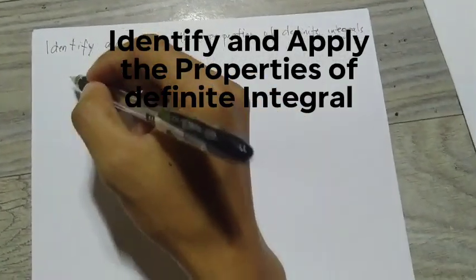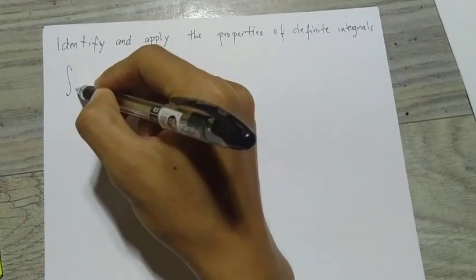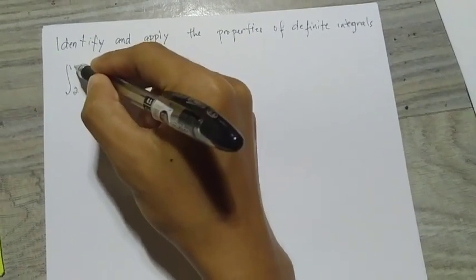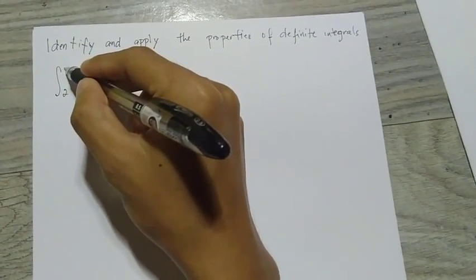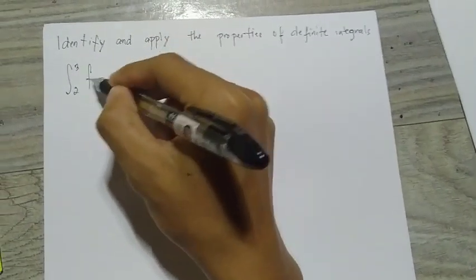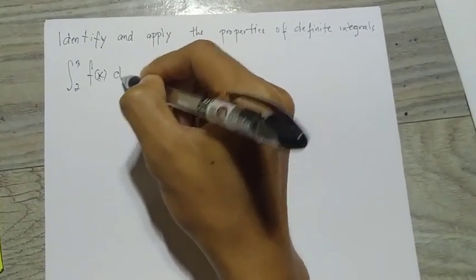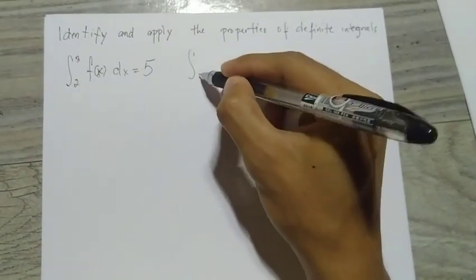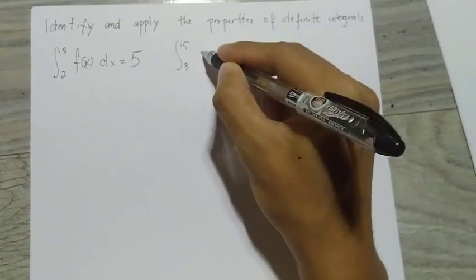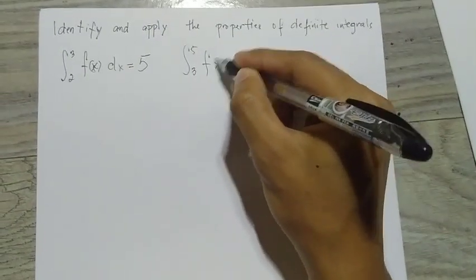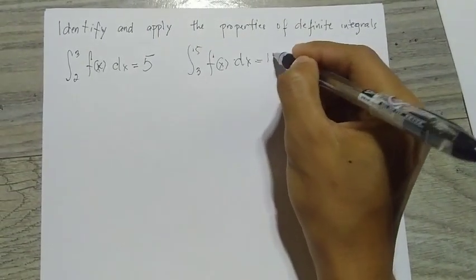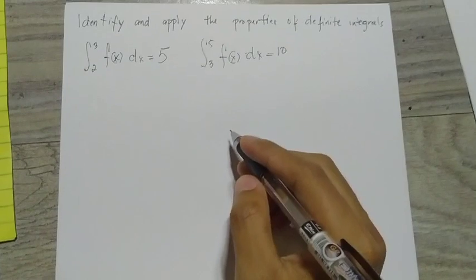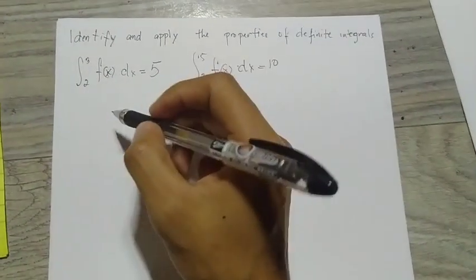So I have here an example. Evaluate this definite integral: the integral from 2 to 3 of f of x dx is equal to 5, and the integral from 3 to 5 of f of x dx is equal to 10.